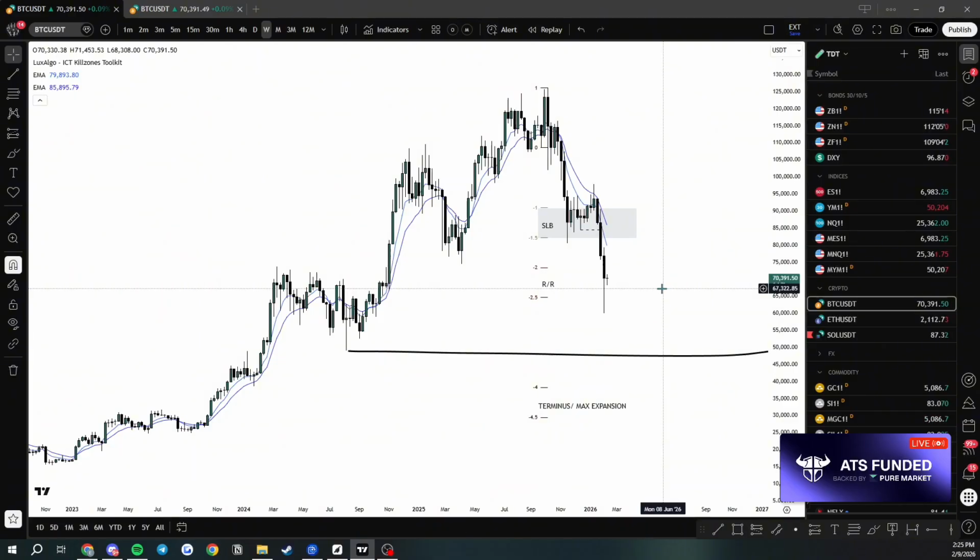The name of the game here, guys, is to have small, consistent wins and even smaller losses. You could have a 5-day winning streak and erase it in one day. So it really is a huge key that you make sure your losses are not substantial, that they're very small.